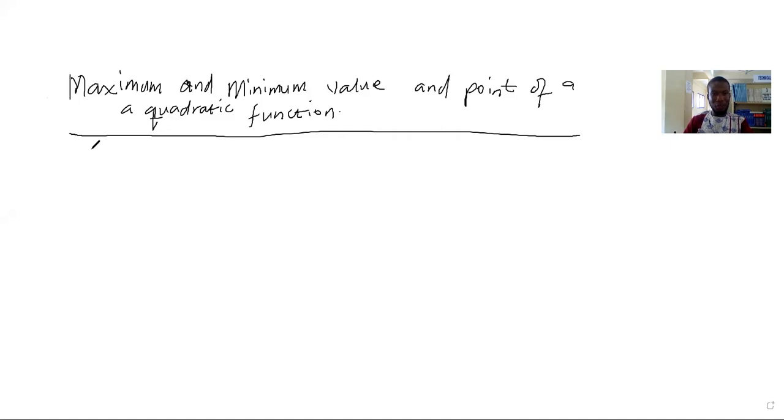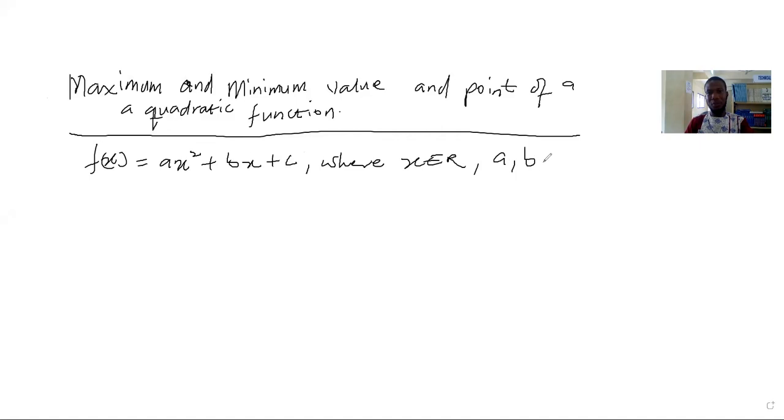A quadratic function is of the form f of x equals ax squared plus bx plus c, where x is a real number, a, b, and c are constants, and a is not equal to 0.